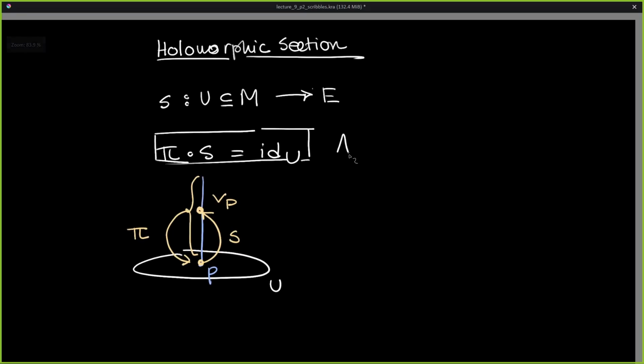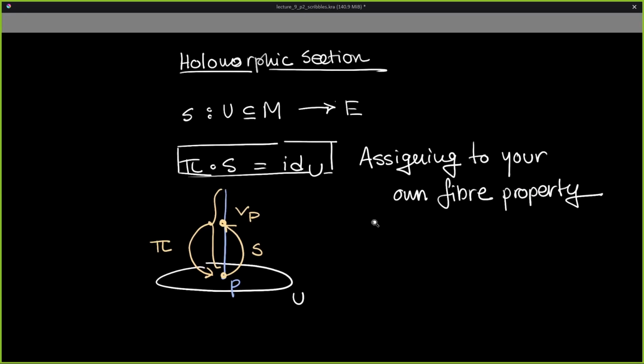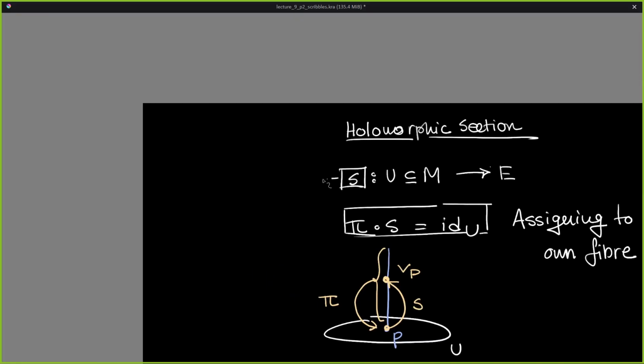I think last time in lecture 4 I called this the assigning to your own fiber property, something like that. And so a holomorphic section is just a section where this map is a holomorphic map.